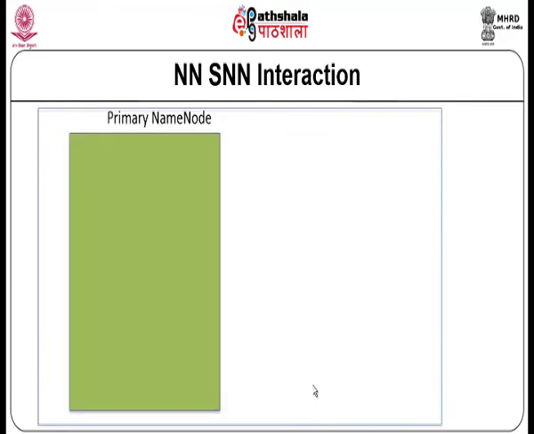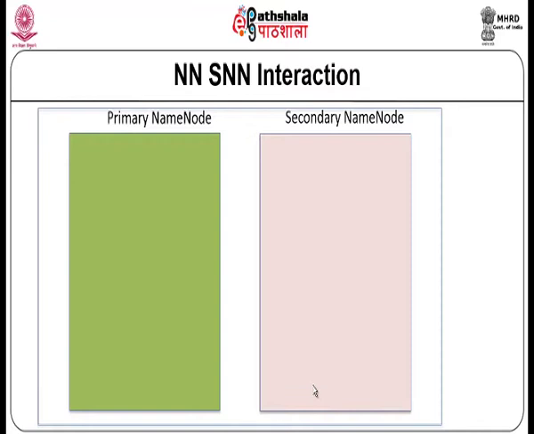This is our primary name node and this is our secondary name node. The primary name node has two components, edits and FS image. Some snapshot has been taken in FS image, and from the next interaction onwards, the edits is storing the log file of the interactions that are happening.